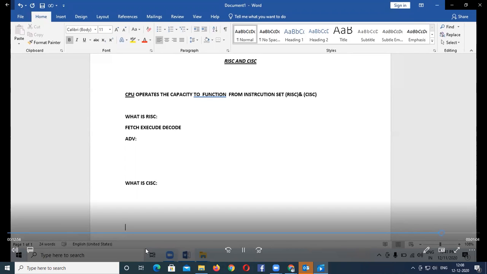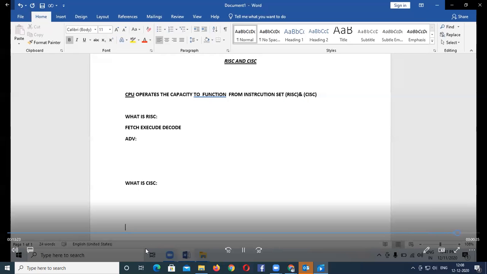RISC processors work with 32 bits for each instruction and are frequently based on registers, while CISC utilizes a format that ranges from 16 bits to 64 bits.